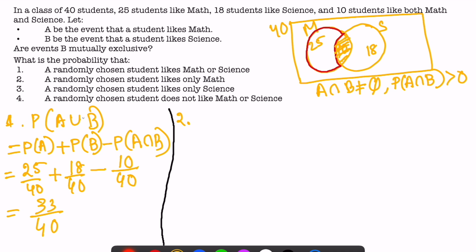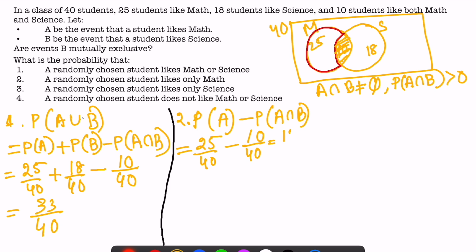So that will be probability of A minus probability of A intersection B. That is probability of A is 25 out of 40 minus probability of A intersection B is 10 out of 40, that is 15 out of 40, that is 3 out of 8.